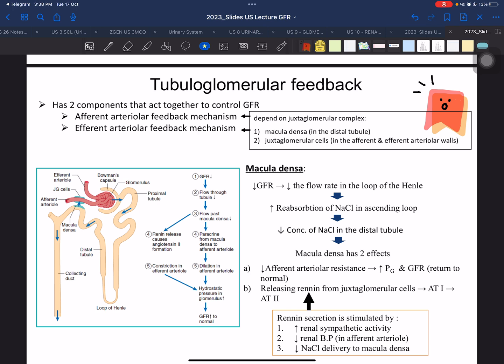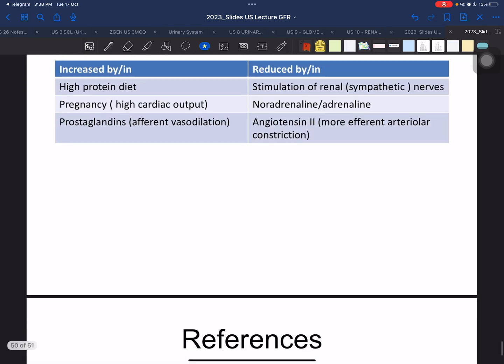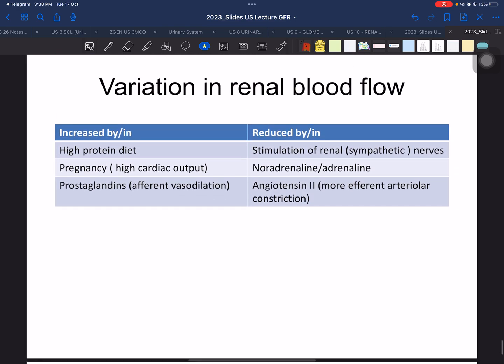So tubuloglomerular feedback is sensitive to the concentration of sodium chloride. It detects the sodium chloride level changes. So it involves renin and the afferent and efferent arterioles.